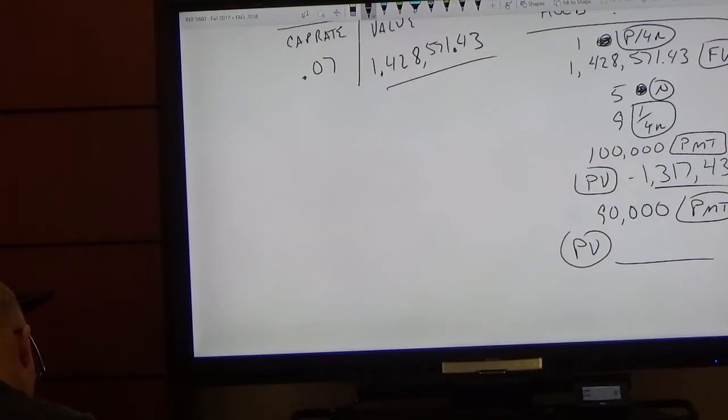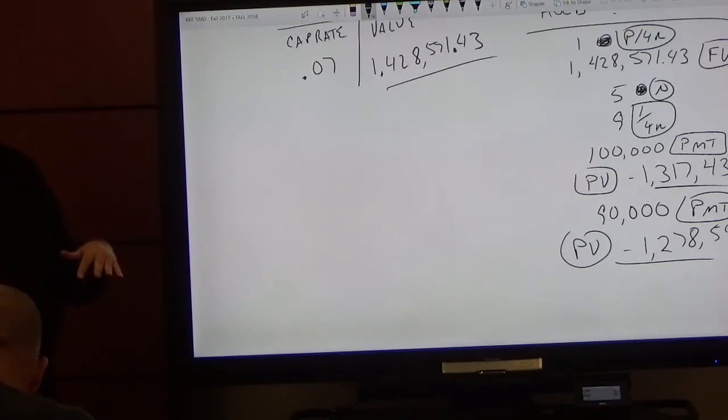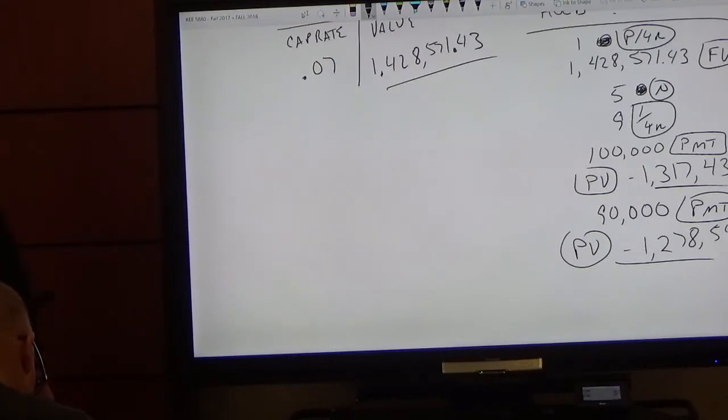What impact might that have? What do you get? 1.2. Okay. So it's just a simple way to see what the sensitivity would be of rents going down on the property.